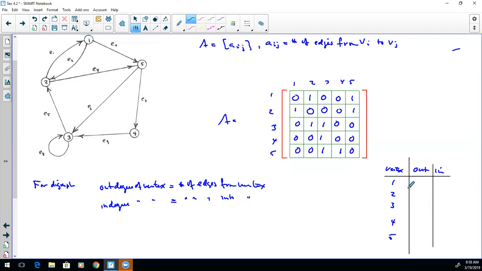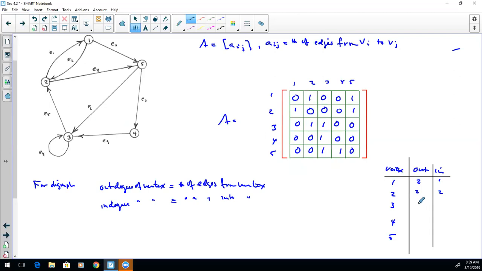Those going out of 1, there are 2. The out degree of 1 is 2. The in degree, there's one edge going into 1. Okay. For vertex 2, the out degree is 2 because E1 and E4. The in degree is 2 because E2 and E5.